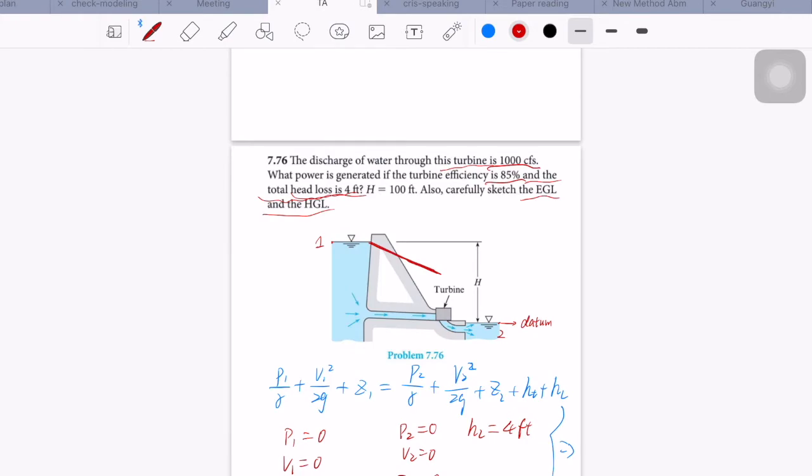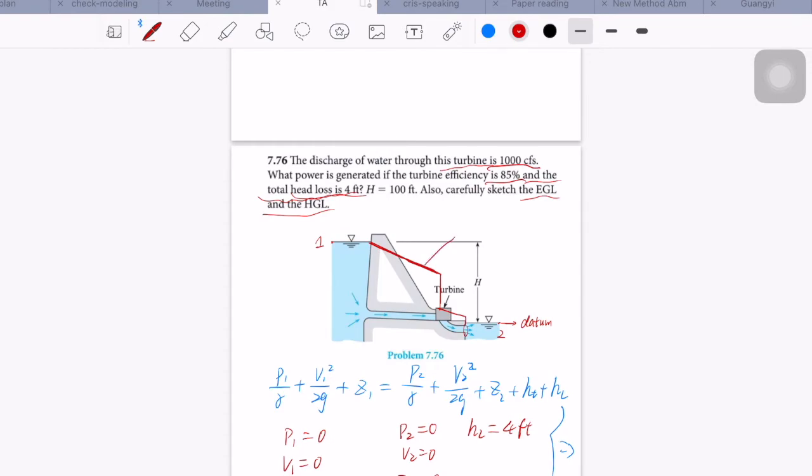There is an abrupt drop since the turbine. And since there is the abrupt expansion, the EGL will also drop to the lower surface water.